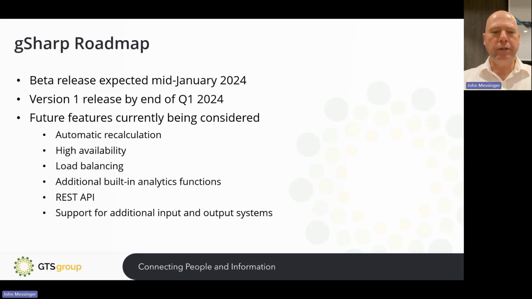Now, let me just add something to that. When we were at Aviva World last month in San Francisco, I had the opportunity to have a discussion with some senior folks with regards to the AF SDK upon which gSharp is built.